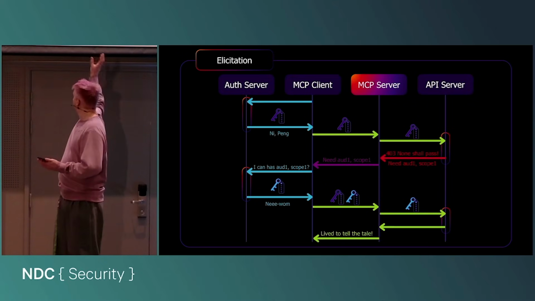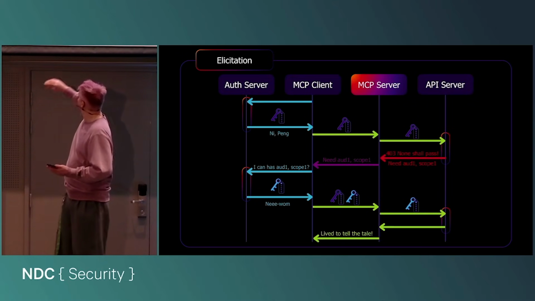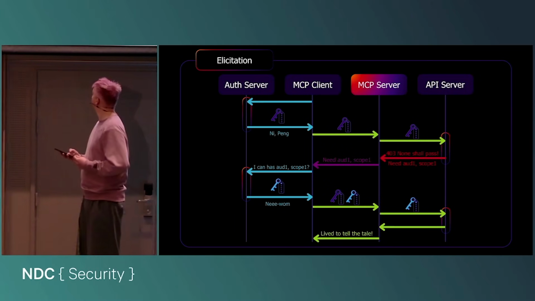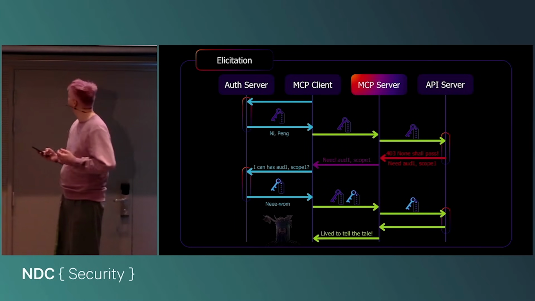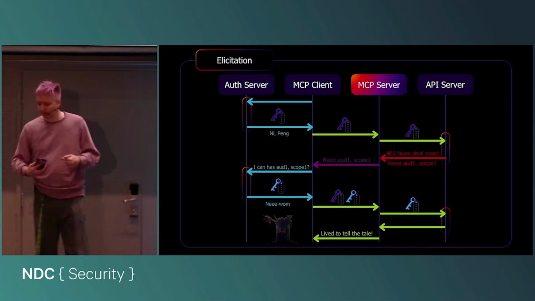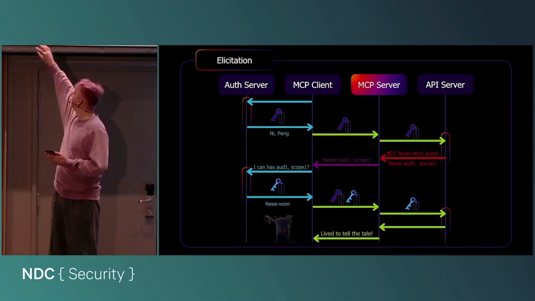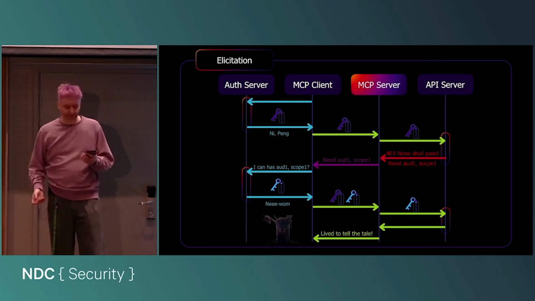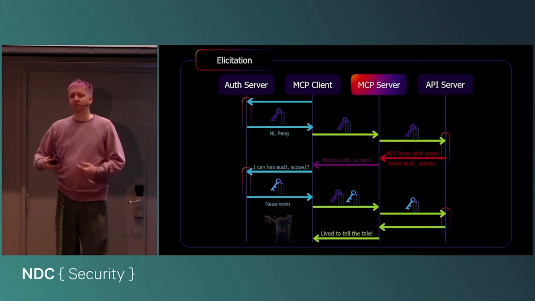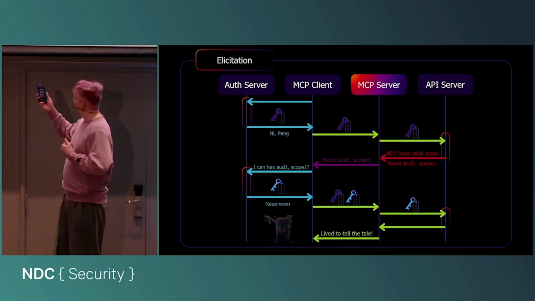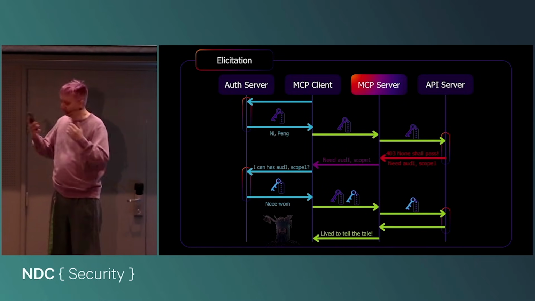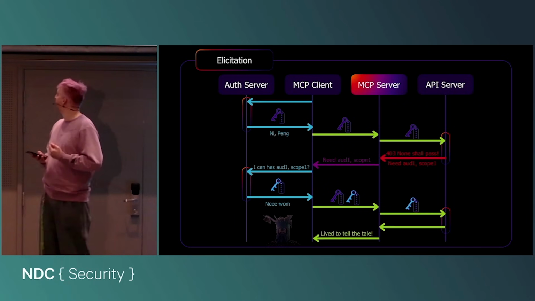So it will respond with, no, you need this audience, you need this scope, and then you get some information back. And then it's up to the agent, which you control, what I call the MCP client. It's also the agent that you're talking to. Are we going to get a new token that can actually do these things? And if yes, we'll pass this on.